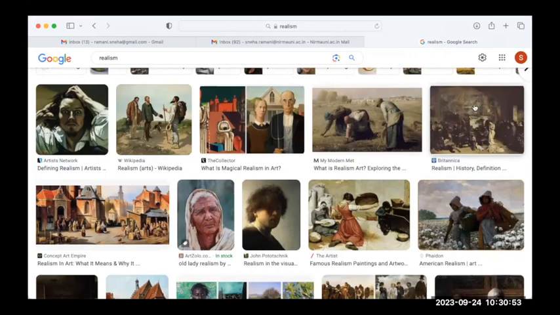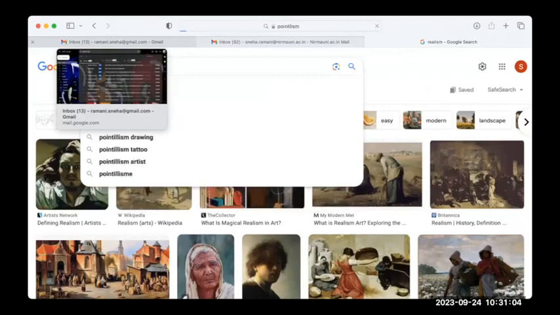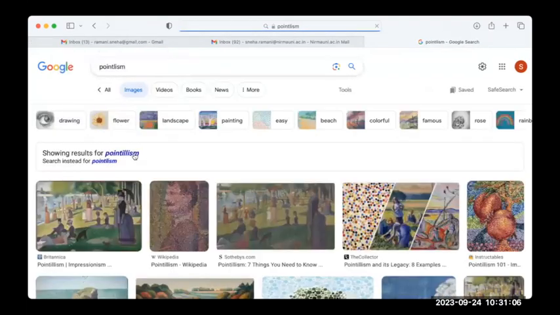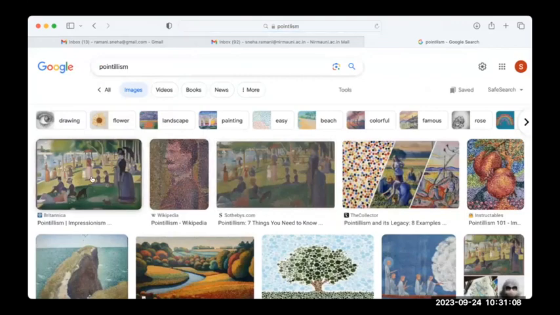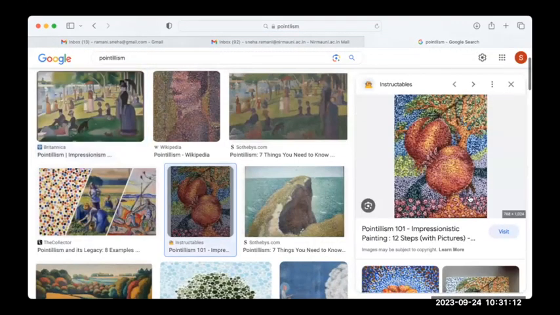Okay, so nothing to do with that. Then comes pointillism. Pointillism is a technique done using small dots. I don't know if it's legible, but here it is very evidently legible. So this kind of art form, done using tiny, tiny dots, is called pointillism.